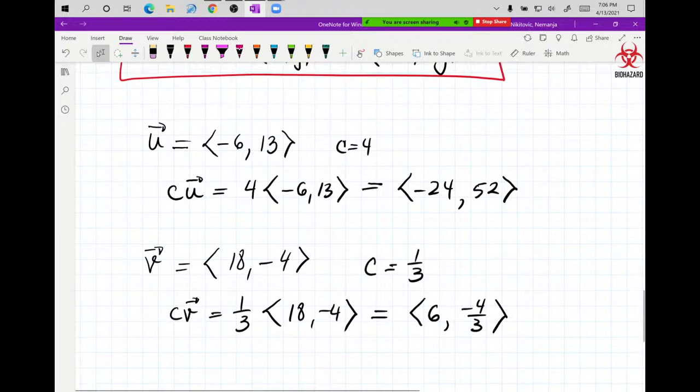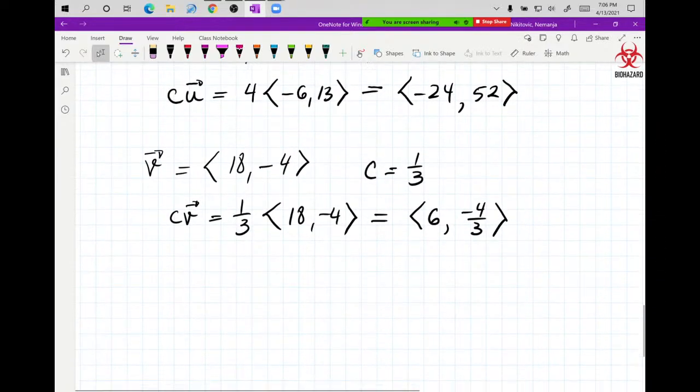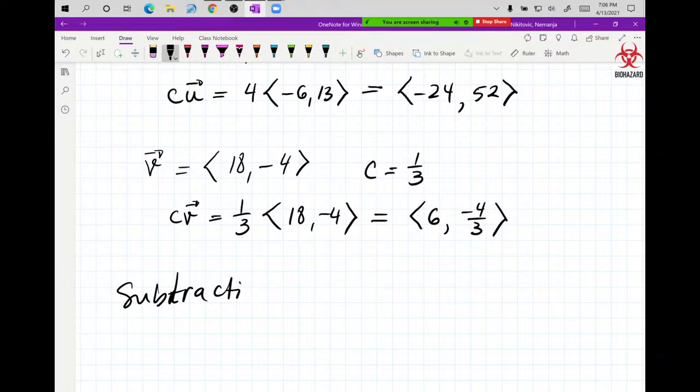So why is this important? It's important because your subtraction is defined: u minus v is defined as u plus -1 times v.